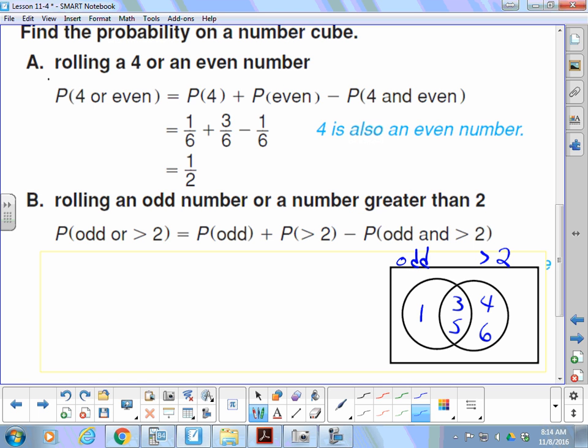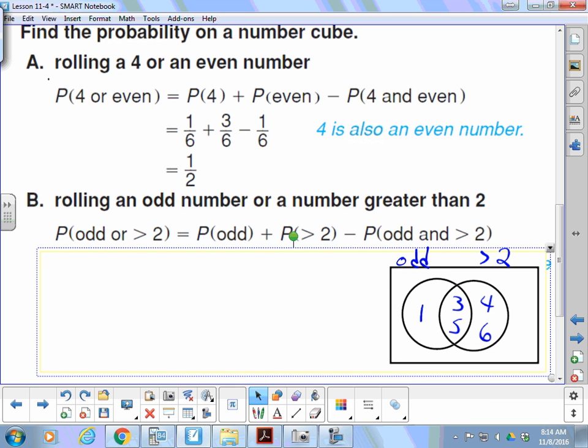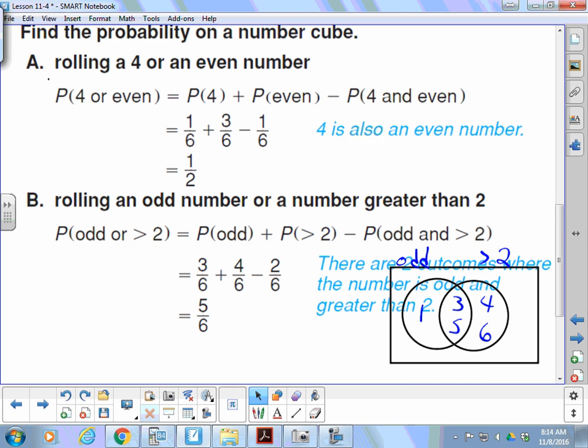So the probability of being odd is 3 out of 6, so 1, 3, and 5. The probability of being greater than 2 is 4 out of 6, 3, 4, 5, and 6. And then minus the probability of both, which is 2 out of 6. So we have to subtract that. So we get 3/6 plus 4/6 minus 2/6 to get 5/6.